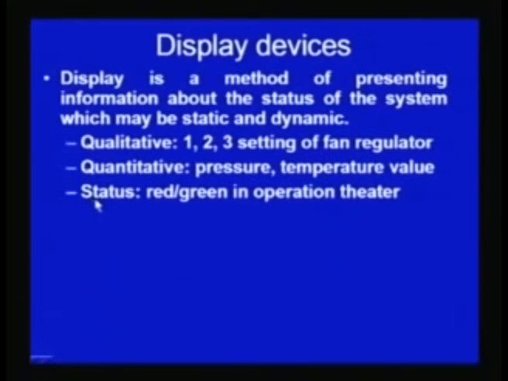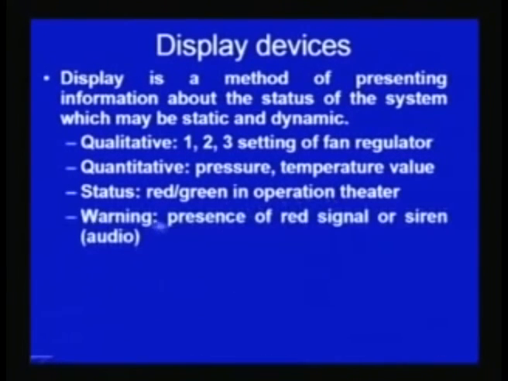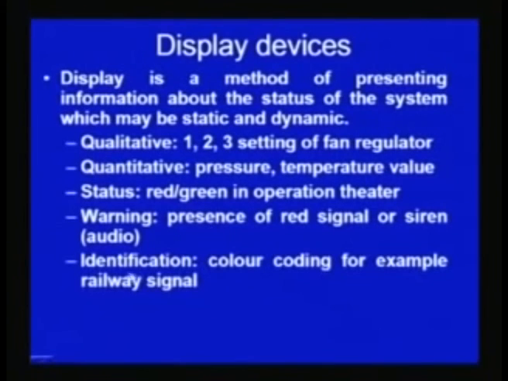The status of the system can be shown by display devices in the form of red or green signals in the operation theater, where red indicates that the operation is going on, and the warning is indicated by the presence of a red signal or some sort of siren.